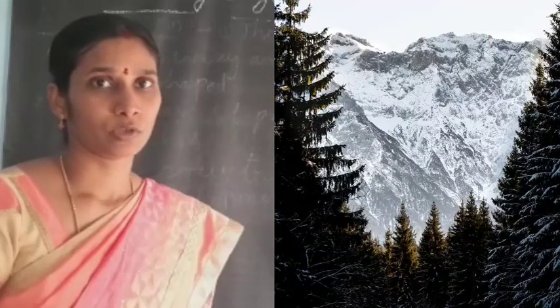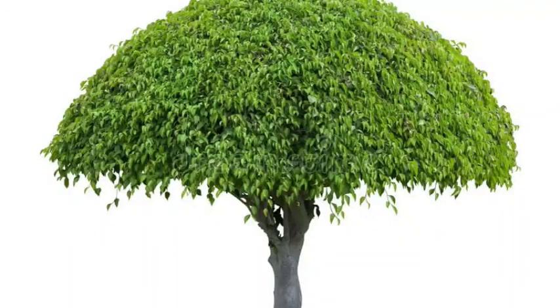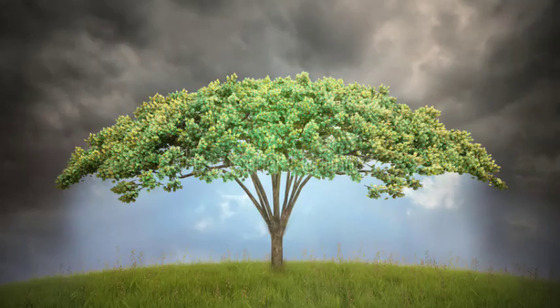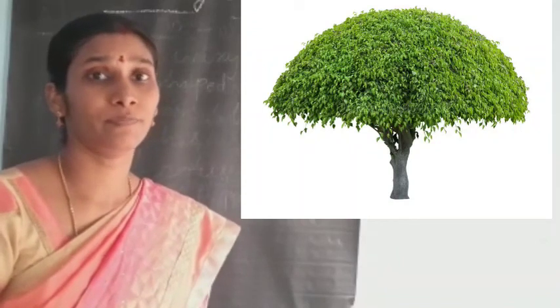But here, even though there is a lot of wind, the branches of the trees don't break. What is the reason? Because of the umbrella shape. These are the main adaptations of plants that grow in windy regions.